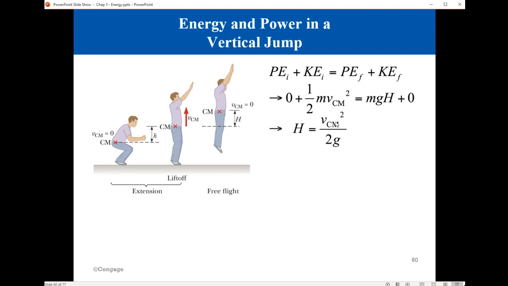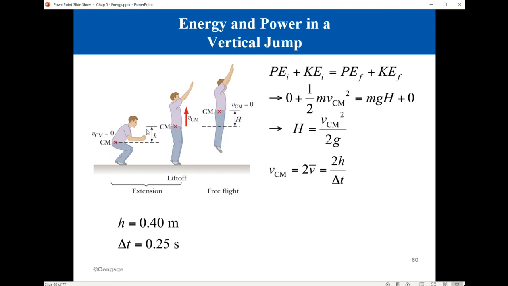It is v center of mass squared divided by 2g. Now for v center of mass, we can estimate that from the average velocity. It is twice the average velocity, and the average velocity can be calculated.